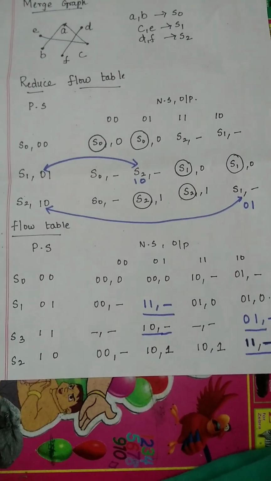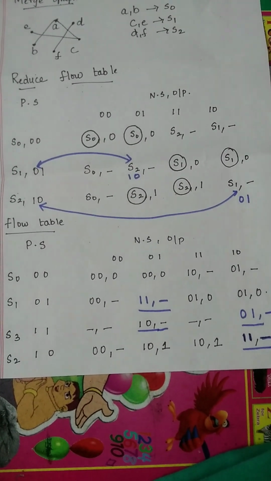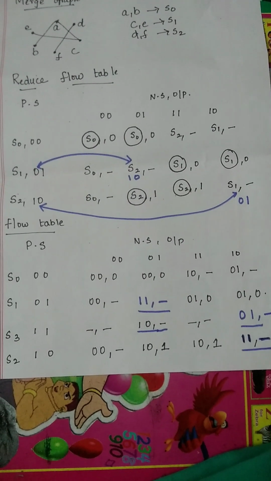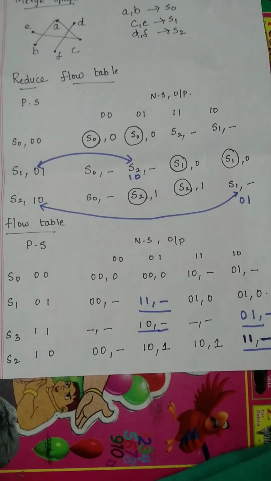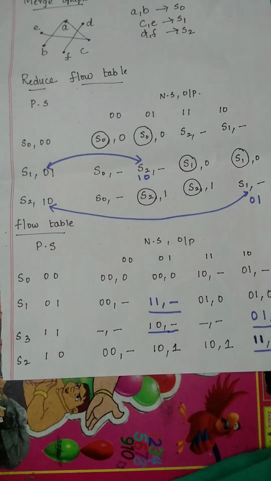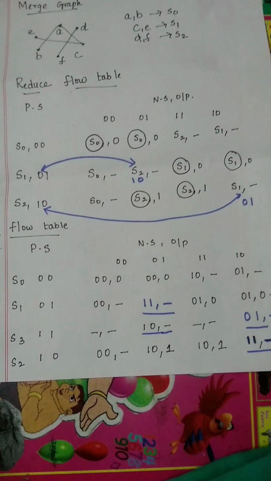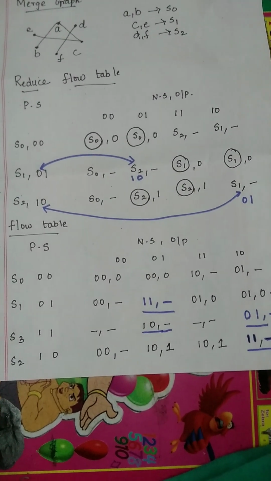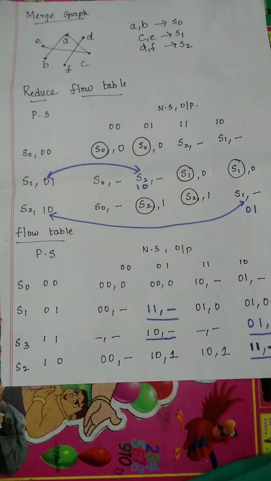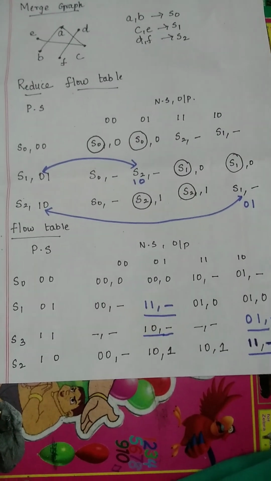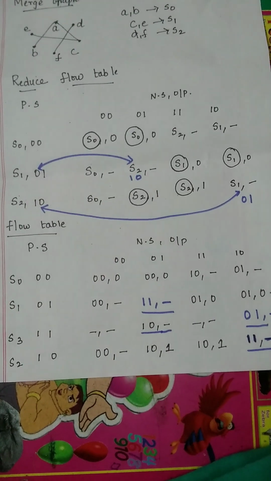So here your present state is 0 1, but if you see the next state, it is moving to 1 0 state. To avoid this critical race, we are introducing one more state, S3. Just see the below flow table.